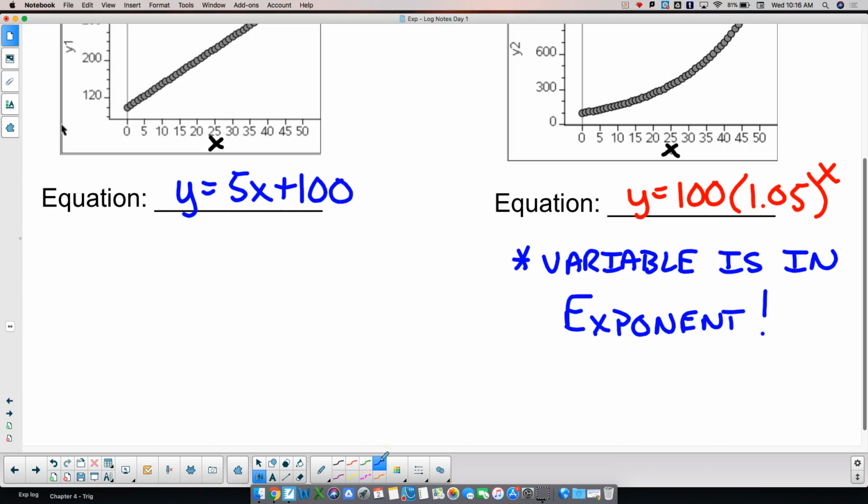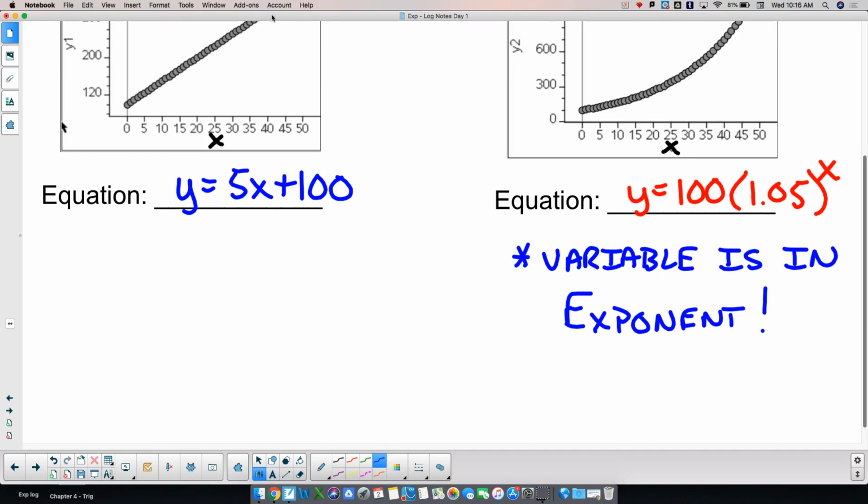So when you are looking at equations, if the variable is in the exponent, that's an exponential equation, and then we have to use the stuff that we're learning this week to solve it. If it's a regular old equation, you solve it the regular old way.